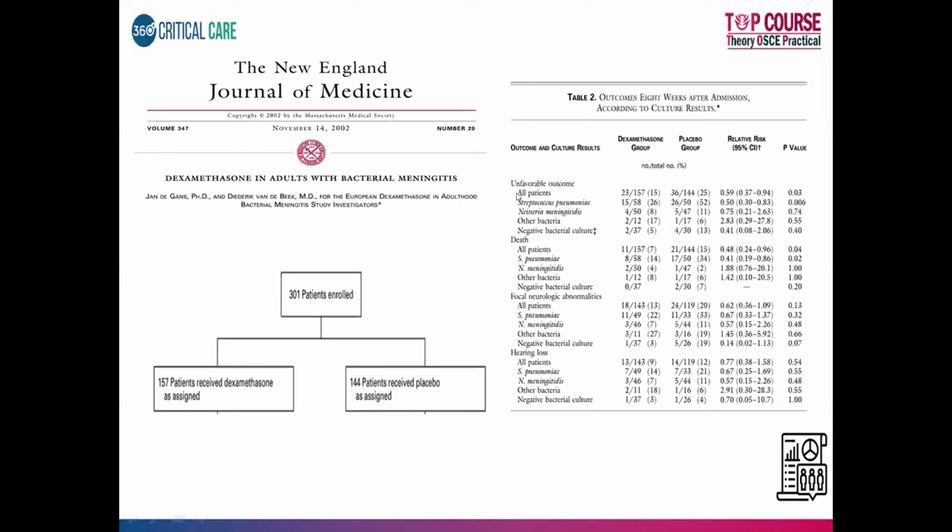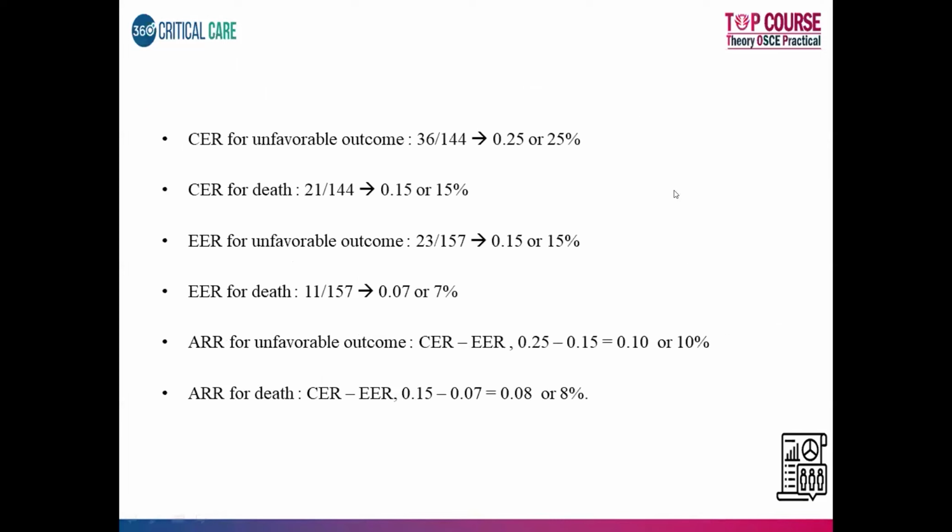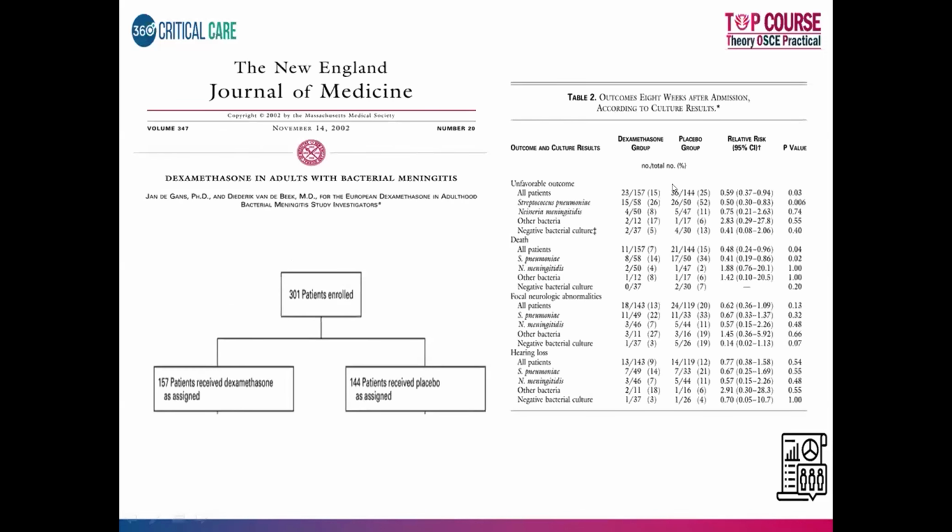So for all patients, you are going to calculate the CER. As I told, CER would be 36 out of 144, the total population, that is how many of them had an unfavorable outcome in the control group. So it is 36 divided by 144.